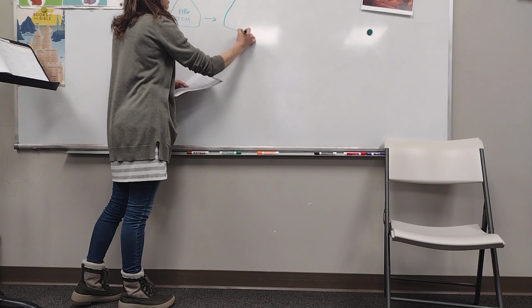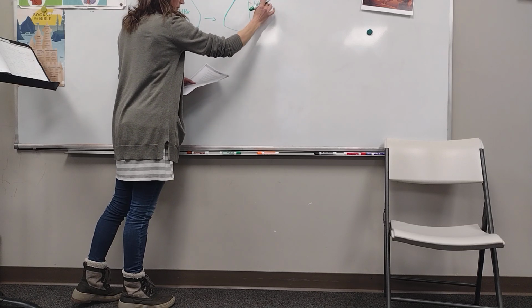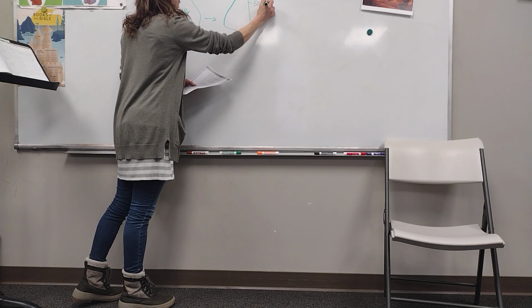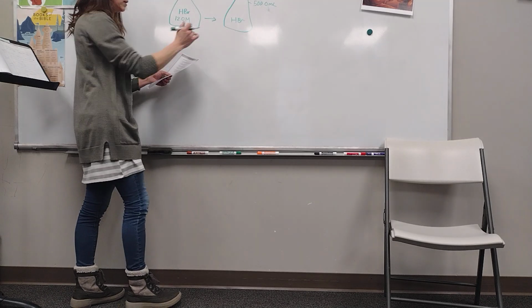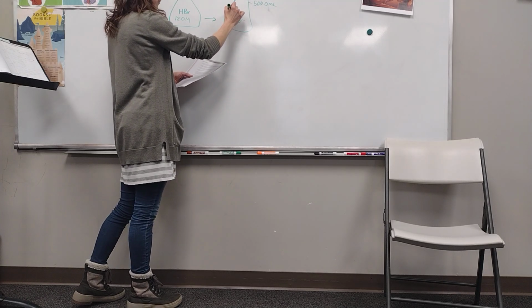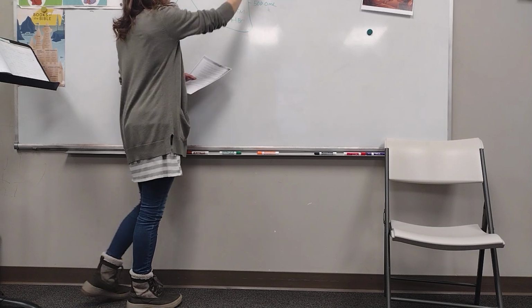So I want to make 500.0 milliliters of the same stuff with a molarity of 3.5. What do you think we can do with this?